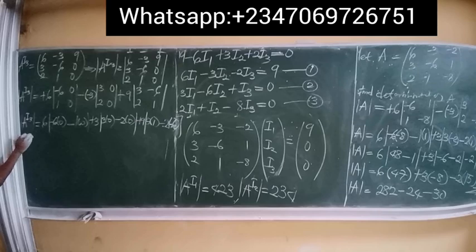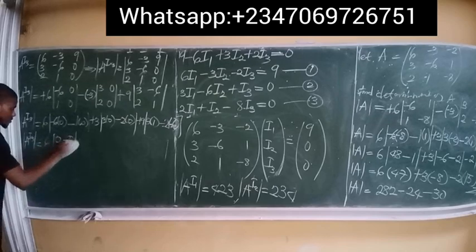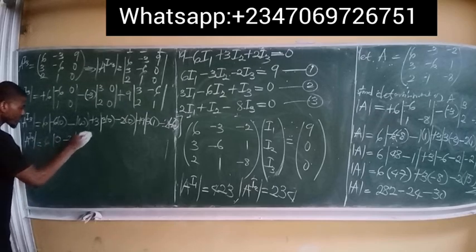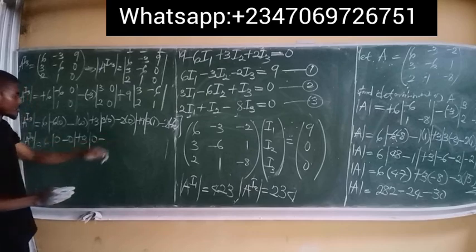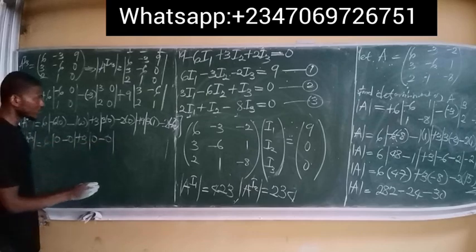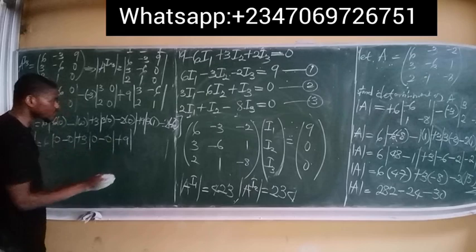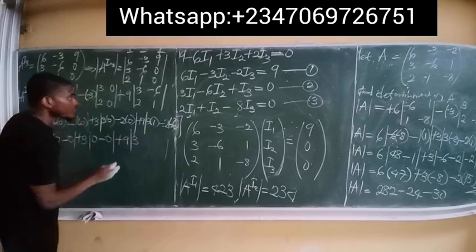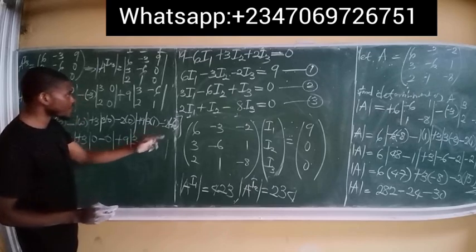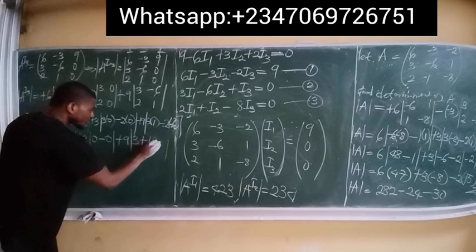So the AI3 determinant is simply equal to, this is 6 into minus 6 times 0 remains 0, minus 1 times 0 remains 0, plus 3 into 3 times 0 remains 0, minus 2 times 0 remains 0. Okay, plus 9 into 3 times 1 remains 3. Okay, minus 2 times minus 6 simply gives us plus 12.